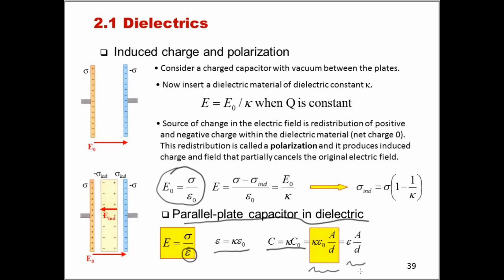So we can use the same formulas that we have seen for the vacuum case also in presence of the dielectric material. Simply remember that you have to replace epsilon 0, which is the dielectric constant of vacuum, with the dielectric constant of the material.